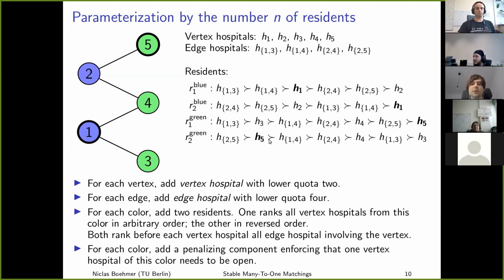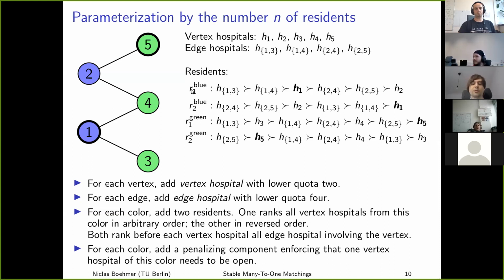Now to check whether this is stable, one has to note that for each color, the only hospitals both residents of this color prefer to the hospital to which they are currently matched are the edge hospitals involving the corresponding vertex.